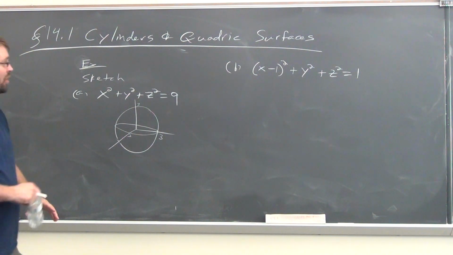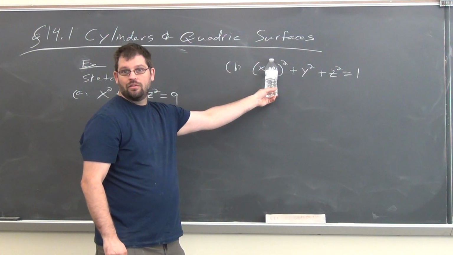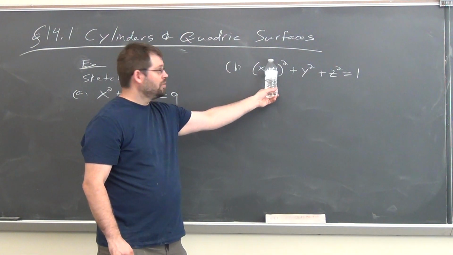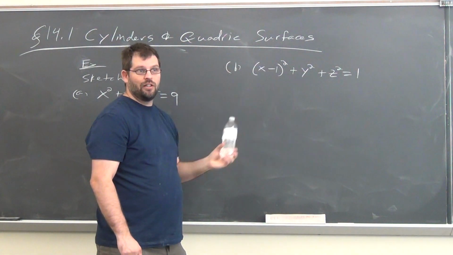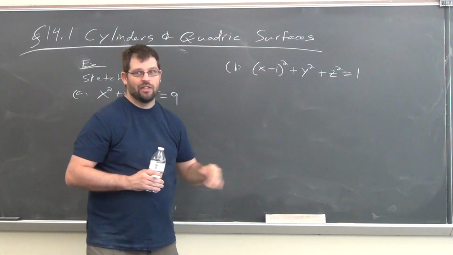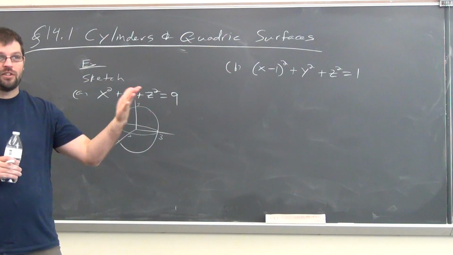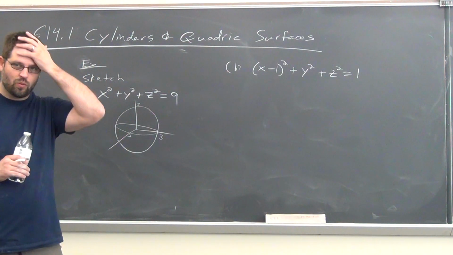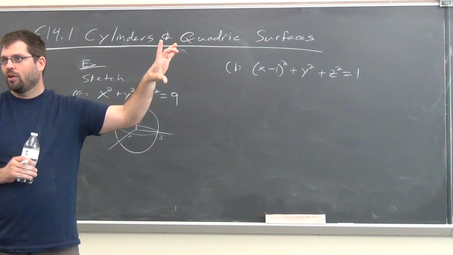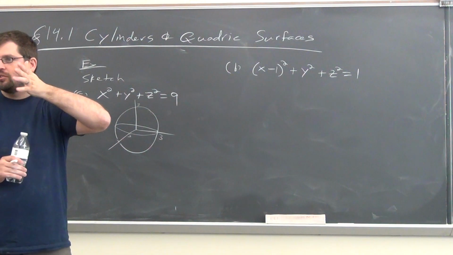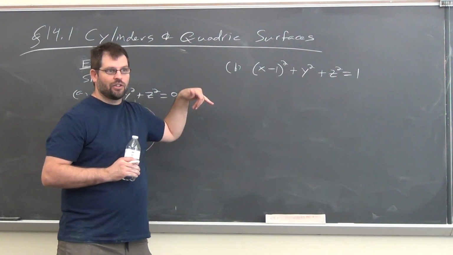So if that was just x squared, what would I have? You'd have a sphere of radius 1 centered at the origin, right? So what's doing x minus 1 do to it? Think back to when you were just working with functions and you did y equals f of x plus 3. It shifted it to the left 3 units, right? So this just shifts it 1 unit in the positive x direction, right?